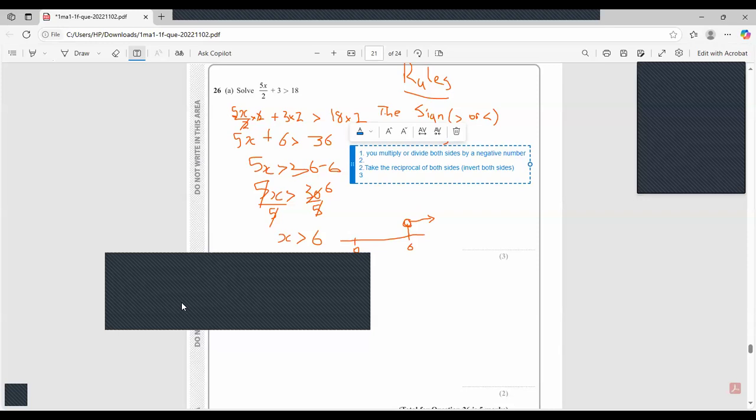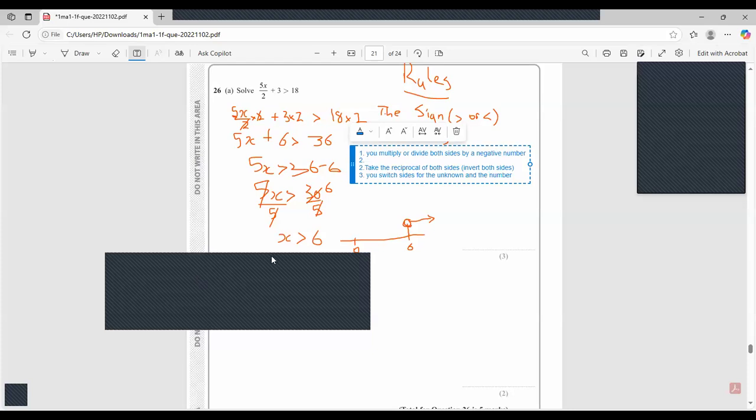Okay, then number 3, I think there's a third one. When you switch sides for the unknown and the number.